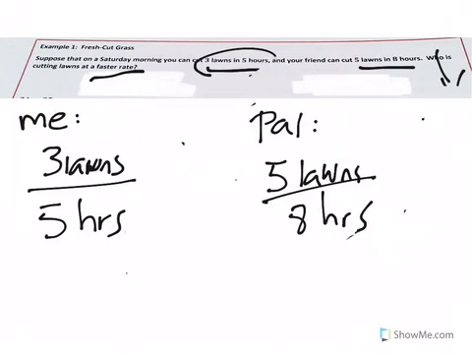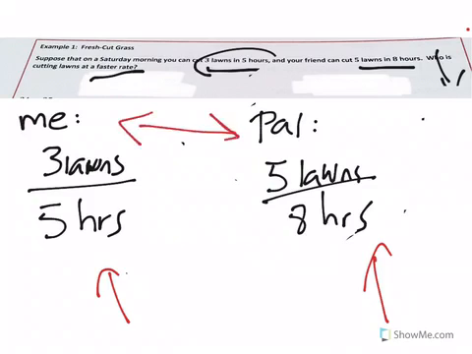Going back to our original problem, this is me again, 3 lawns in 5 hours. This is my friend, 5 lawns in 8 hours. We are comparing these two things, and we basically have 2 fractions right here. So we can compare the fractions, but we have to make sure we get a common denominator. We can't compare apples and oranges when we look at fractions.